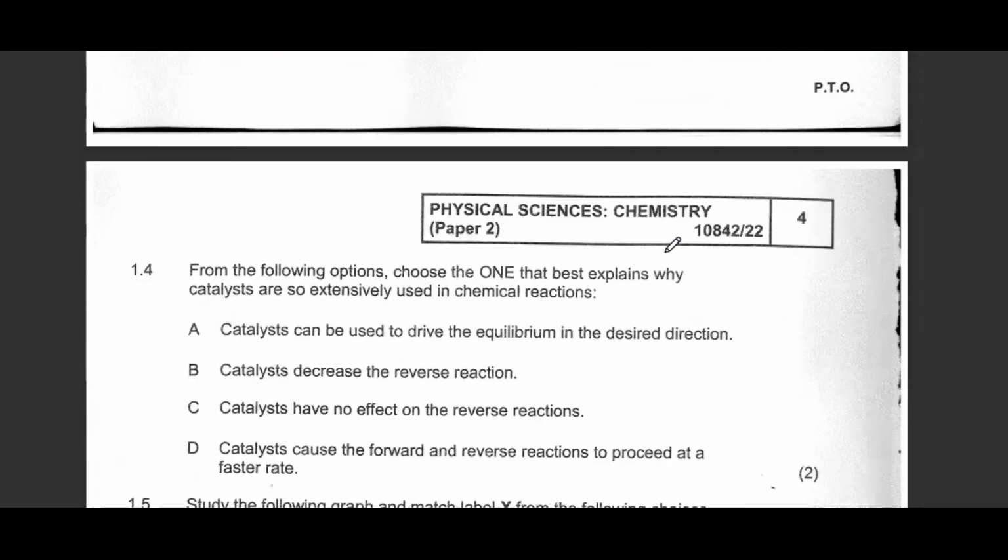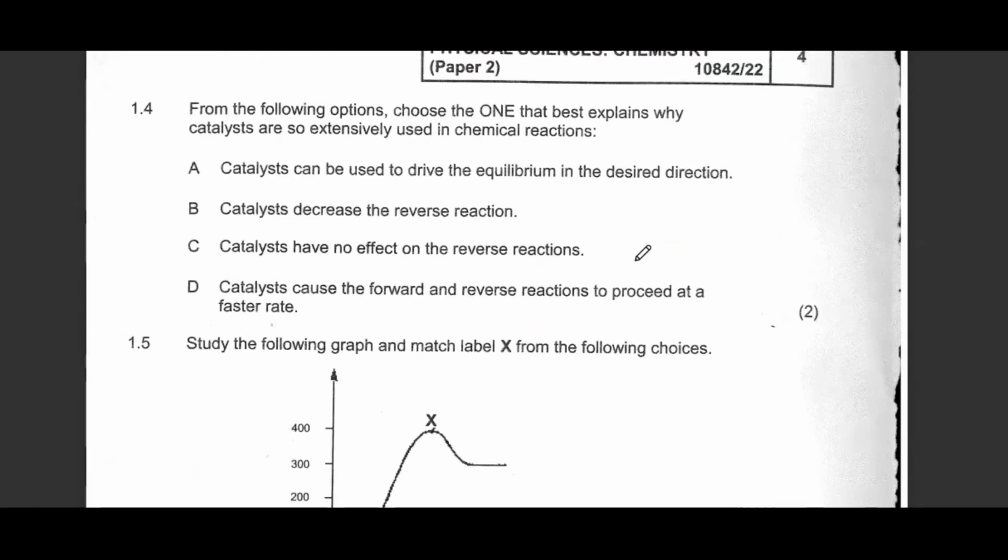So now when you go to another question, on question 4, they are saying: of the following options, choose the one that best explains. You see, it can explain, but they want the one which best explains why catalysts are extensively used in chemical reactions. Catalyst can be used to drive equilibrium in a desirable direction.